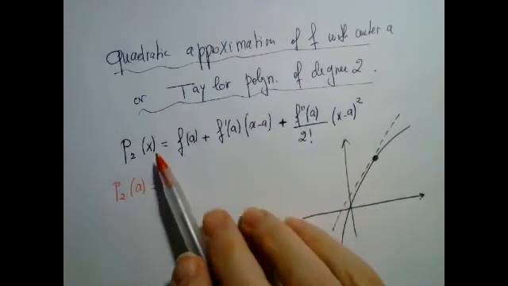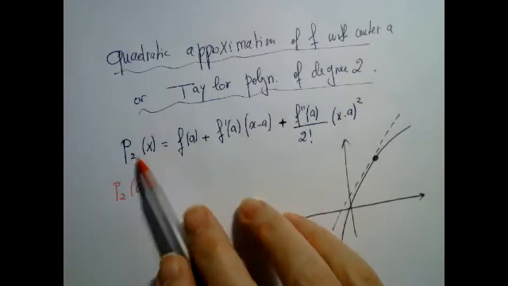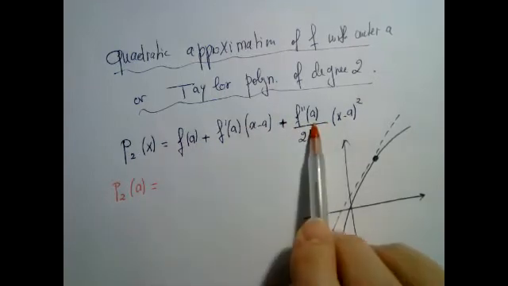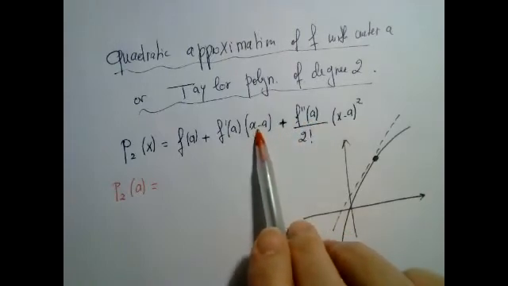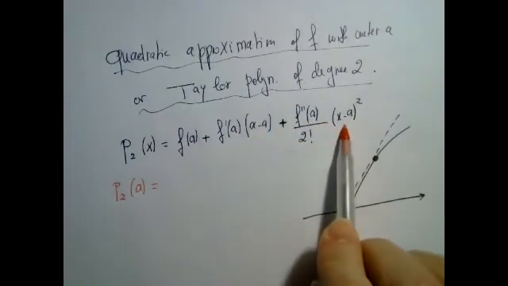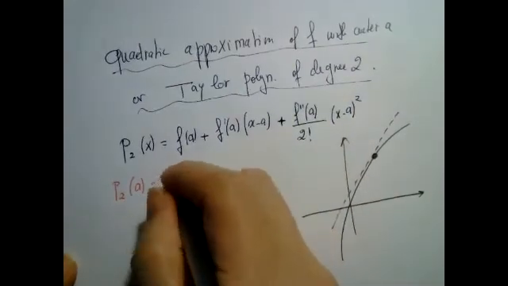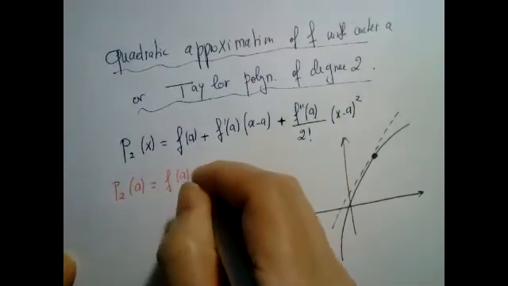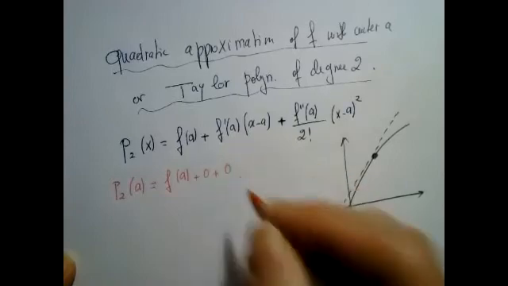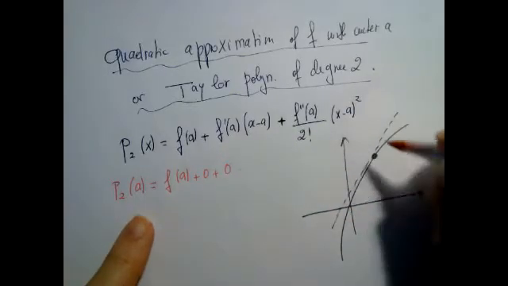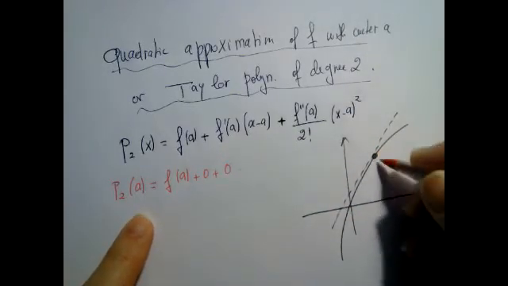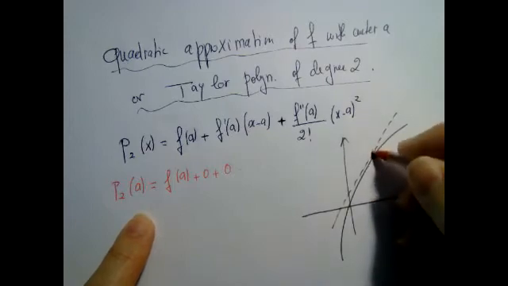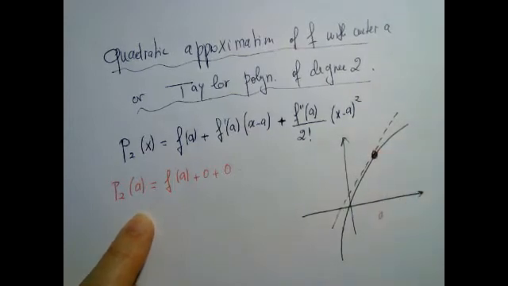If I plug in A for x in this expression, I get f of A plus 0 plus 0. So this polynomial has at A the same value as my function itself.